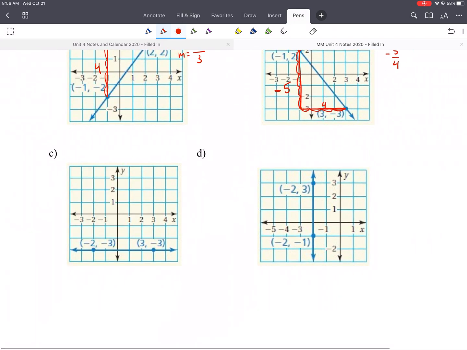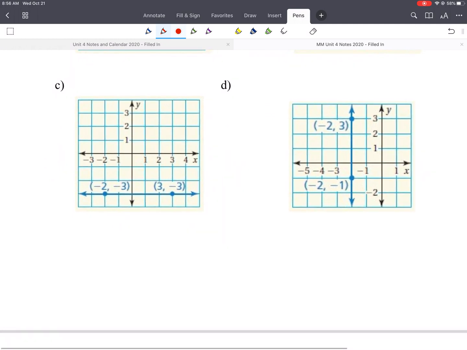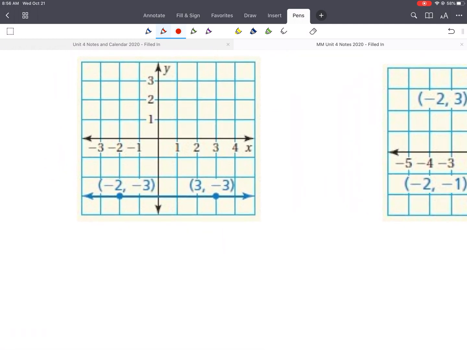Okay, so here's some other examples of the ones we were talking about above. So this one, what kind of slope would this be? Well, we'll do our rise. Well, the rise here is 0. It doesn't go up or down. And then the run, you can go between those 2 points.